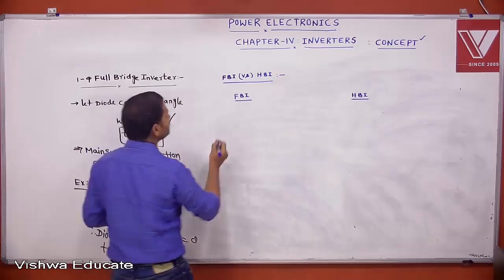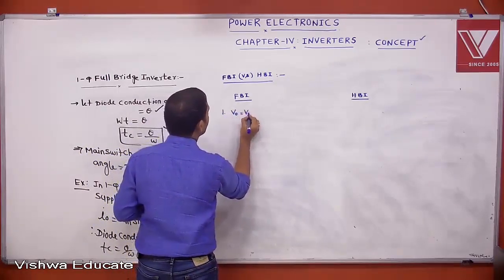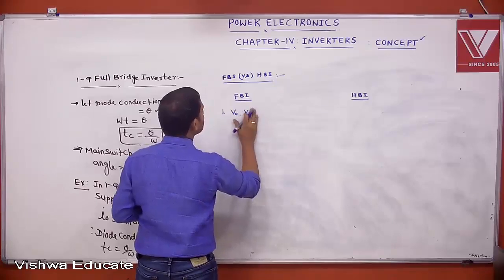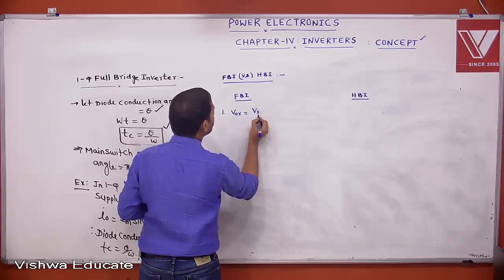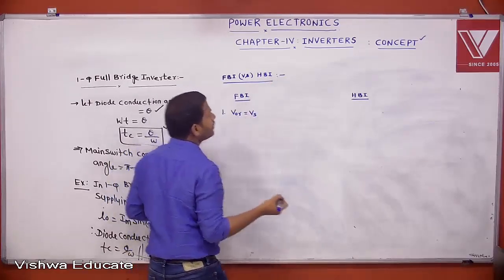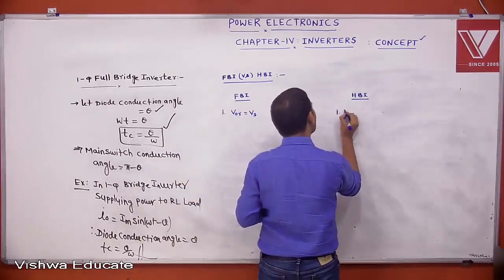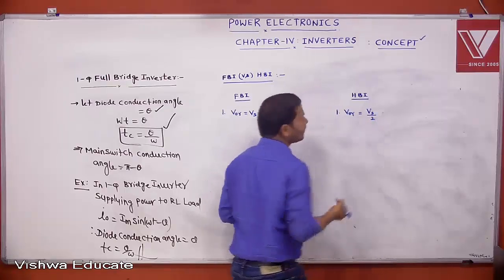Tell me, what is the output voltage V0 RMS? What is the RMS output voltage of the full bridge inverter? It is directly Vs. What is the RMS output voltage of the half bridge inverter? It is Vs by 2.